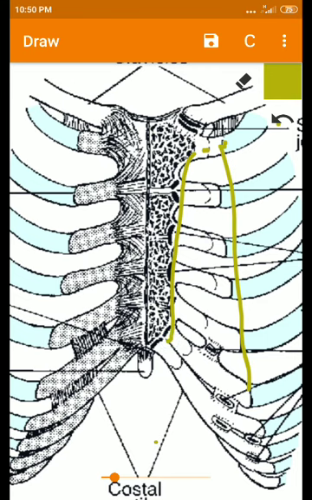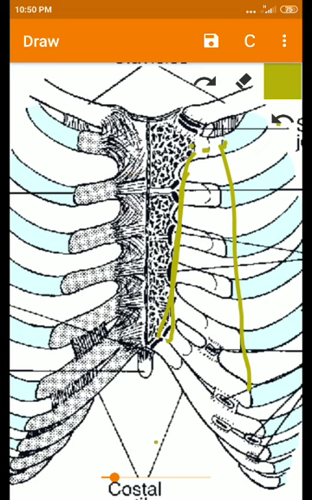In that, the first chondrosternal joint is an immovable joint and the remaining joints are movable, that is the synovial joints. And each chondrosternal joint is reinforced by capsular and triradiate ligaments.